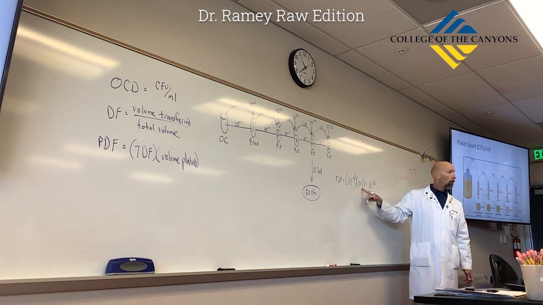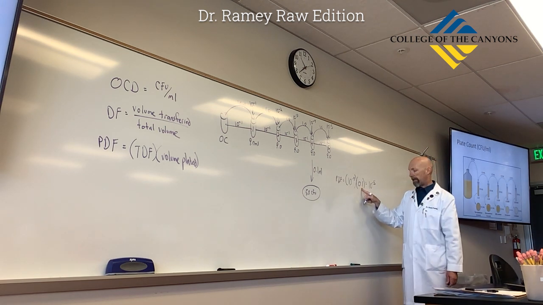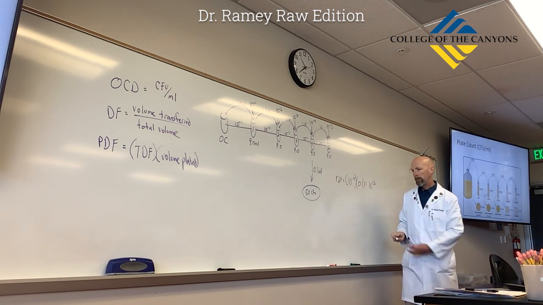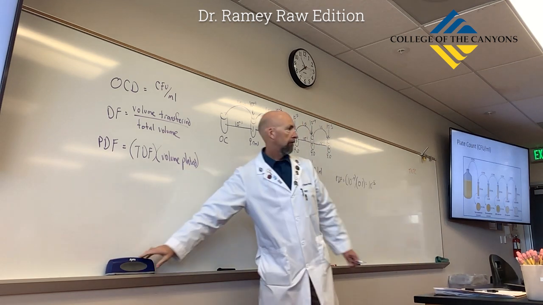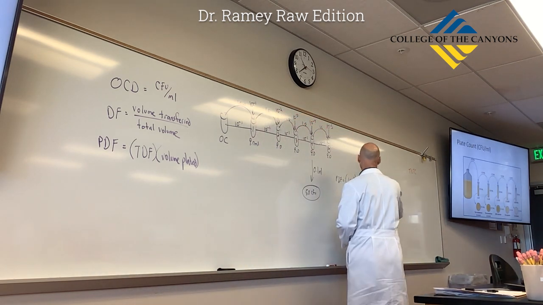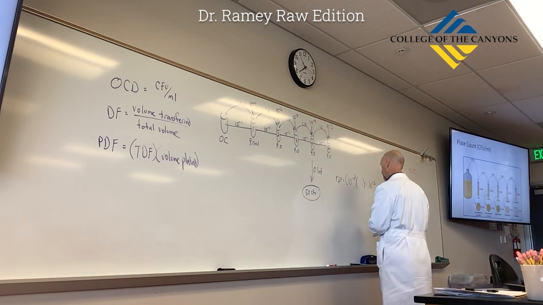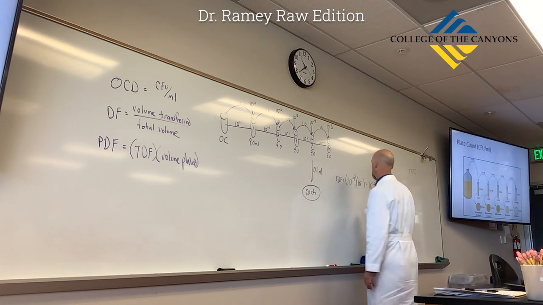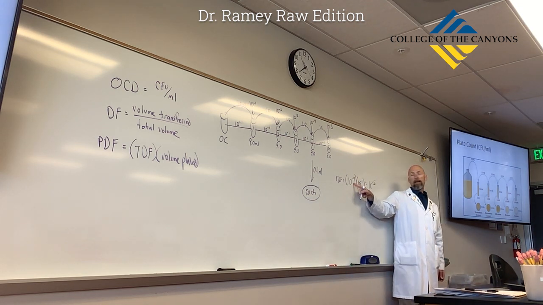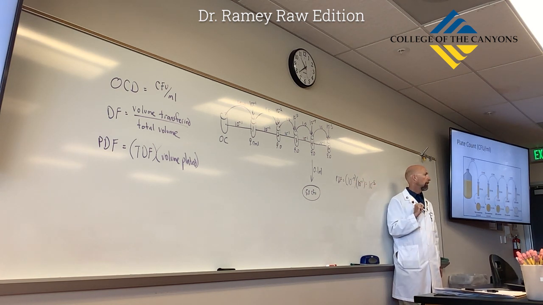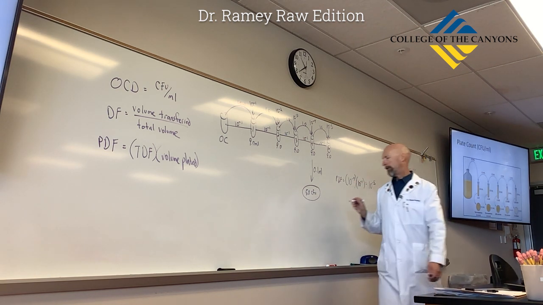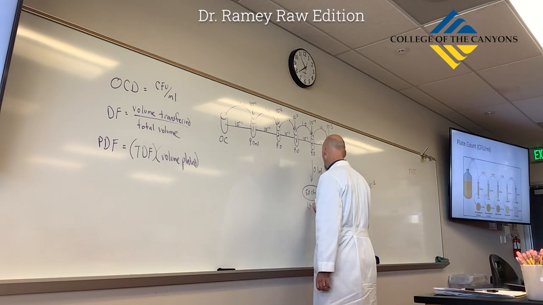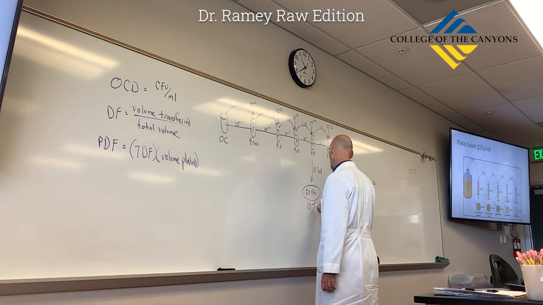Remember, 0.1 in scientific notation is 10 to the minus 1. So if I erase 0.1 and put 10 to the minus 1 in there instead, 10 to the minus 4 times 10 to the minus 1, add the exponents. Minus 4 plus minus 1 is minus 5. So the plate dilution factor for this plate right here is 10 to the minus 5.